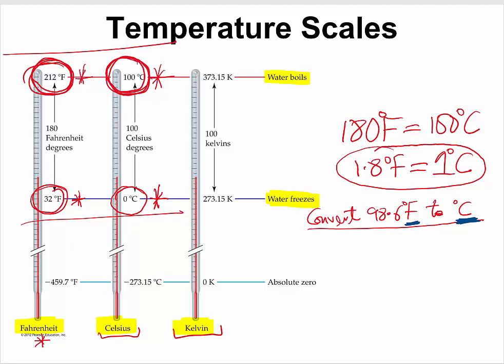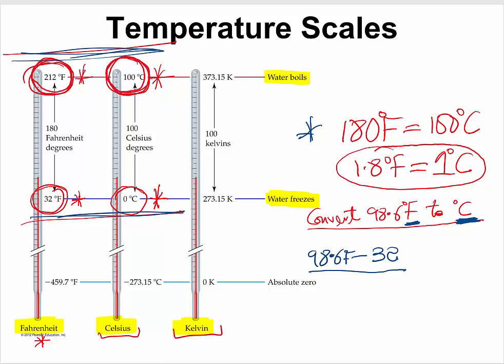And the way to do that is to simply subtract 32 from 98.6 degrees Fahrenheit. And if you're thinking, why do we need to subtract 32? Well, if you remember from this equation, we are setting the freezing to boiling equal. But the Fahrenheit begins from 32, while Celsius begins from 0.